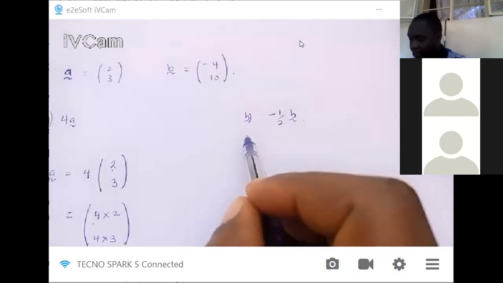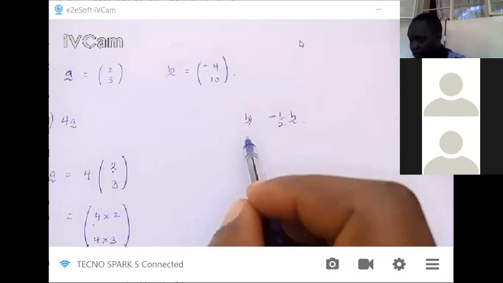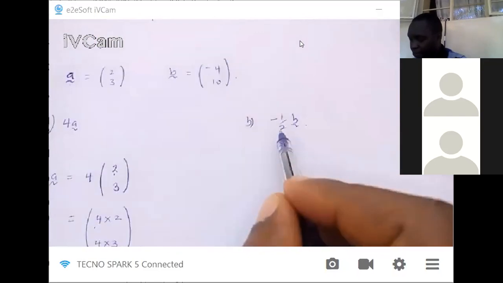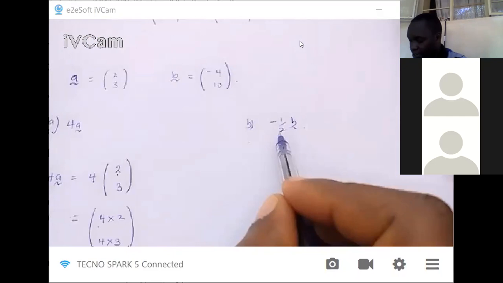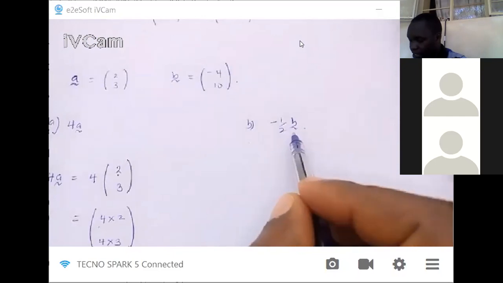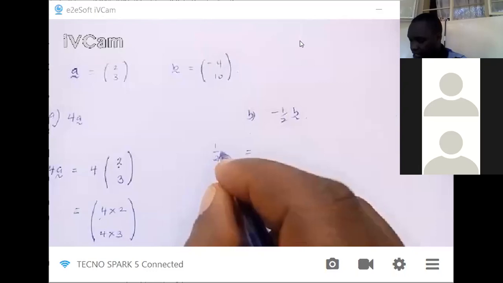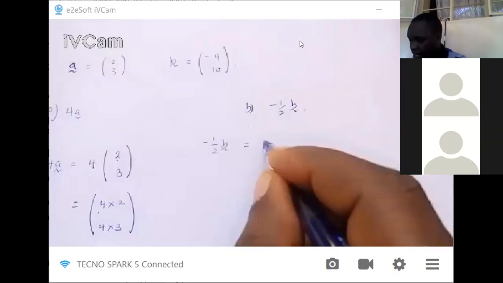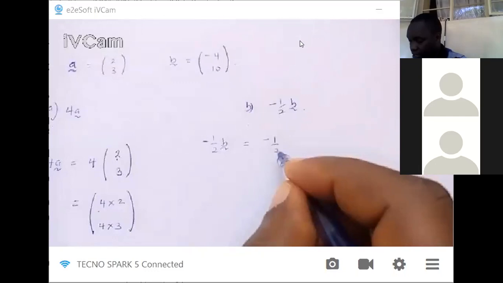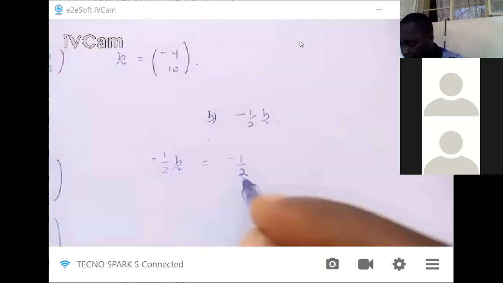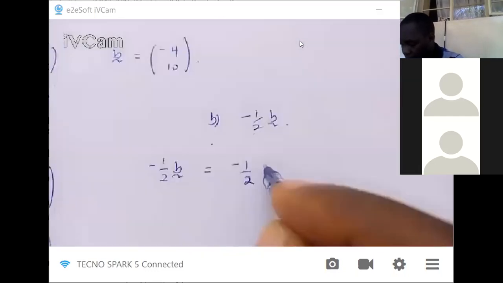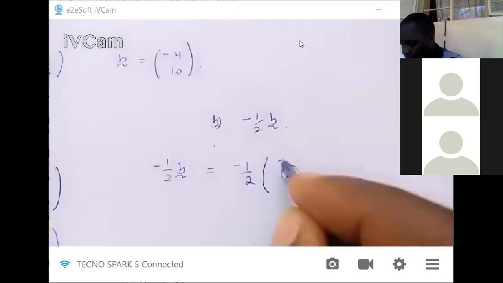They are telling you to find -1/2 B. So what does this one mean? It means that they want me to get -1/2 out, then times B, but my B is (-4, 10).